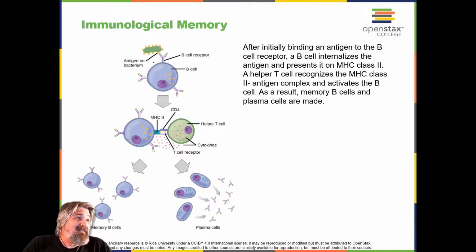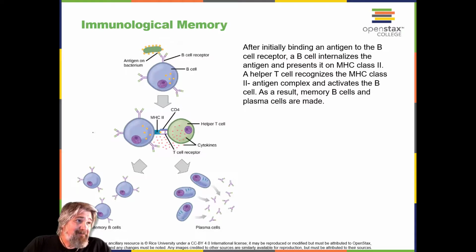There's the antigen on the bacteria. Again, the B cell: the antigen will bind to its receptor, which is an antibody, remember IgD. The B cell internalizes it and presents it on its MHC class 2. The helper T cell will recognize that and then activates the B cell.